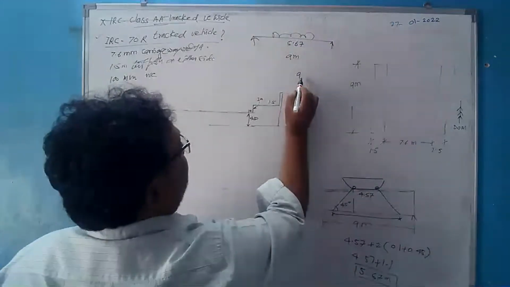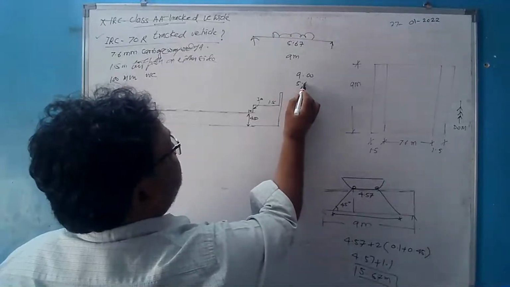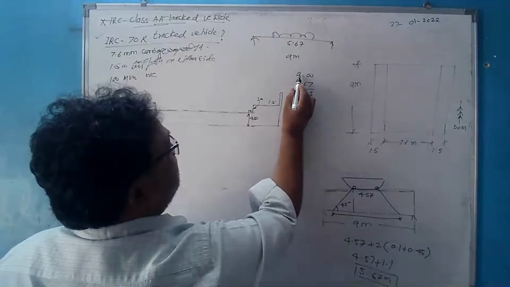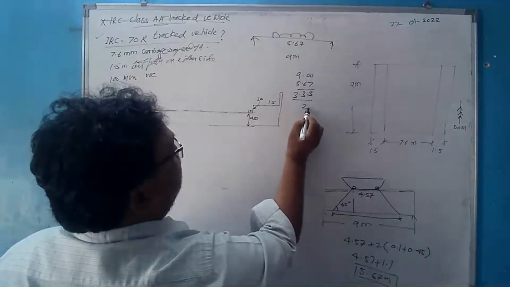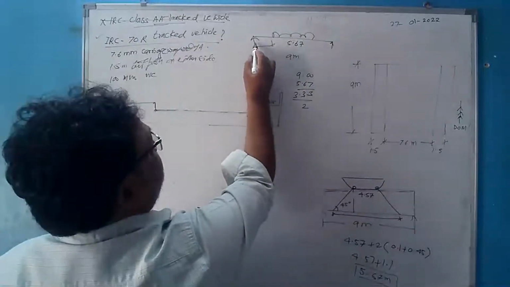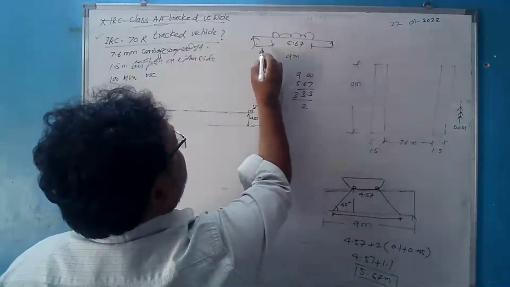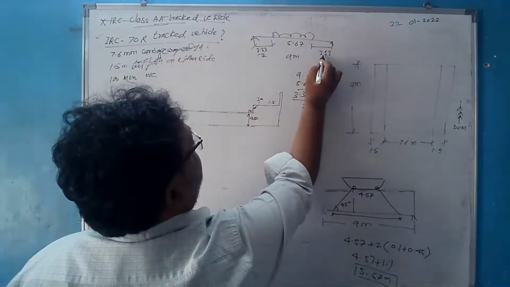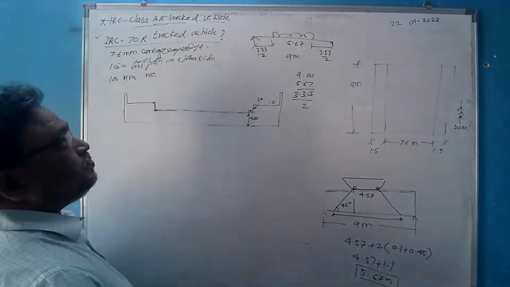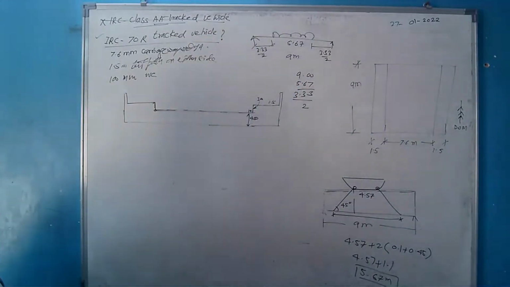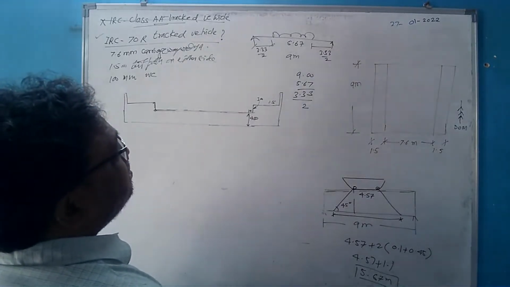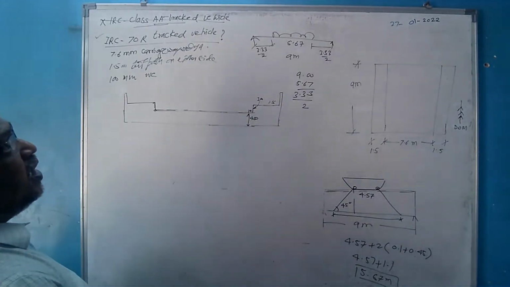So how much is left? 9 minus 5.67, 3.33, divided by 2, so that I get this dimension on each side. It is 3.33 divided by 2, 3.33 divided by 2. Is it right? Is it 3.33?